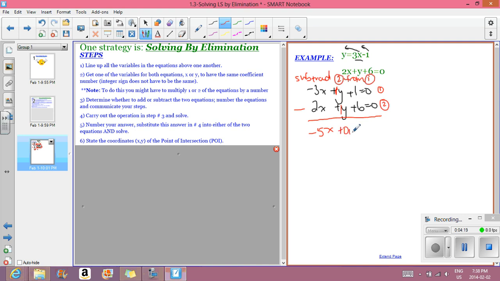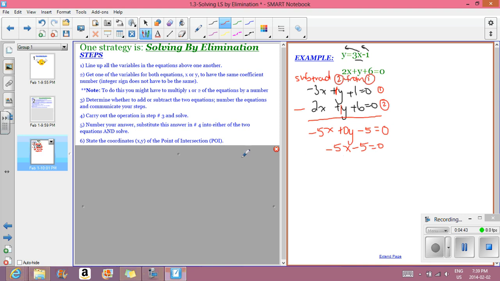So I can put plus 0y, but you don't have to, because essentially that's gone. And then we have +1 minus +6, which is +1 subtract 6, which is -5. And then we have our equal signs, and then 0 minus 0 is still 0. So what we have left is -5x - 5 = 0.